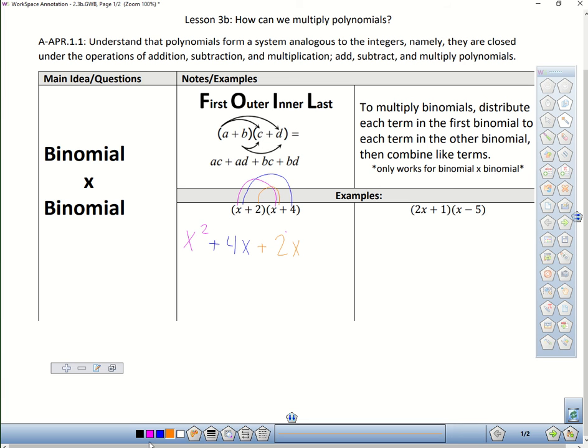And then lastly we have last times last. So 2 times 4, which is 8. Once you get to this step, you should be able to combine these two middle terms because they're like. So what's 4x plus 2x? 6x. Good, so we get x squared plus 6x plus 8.